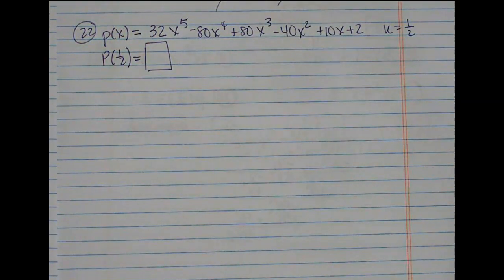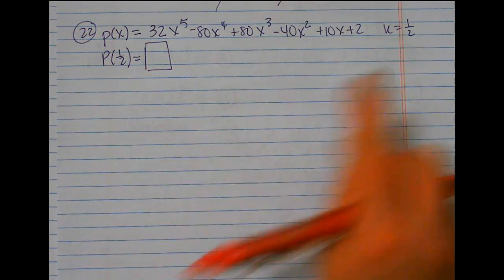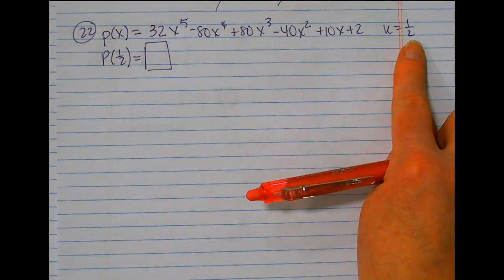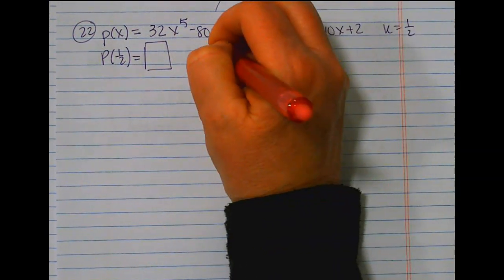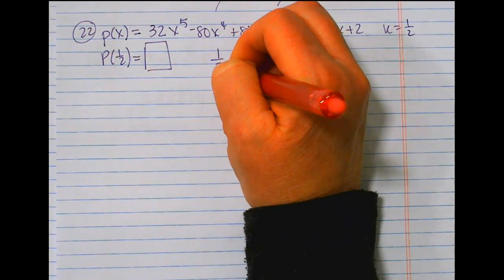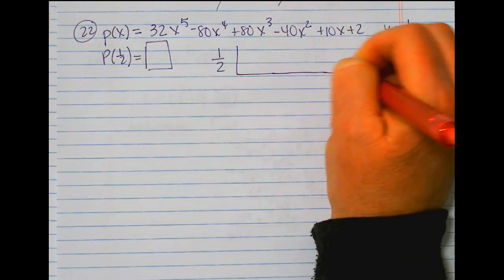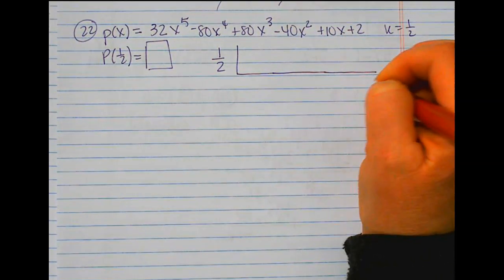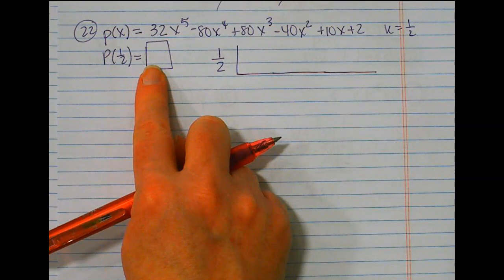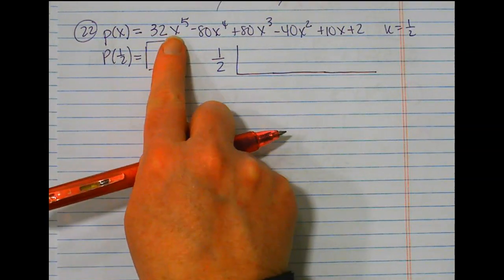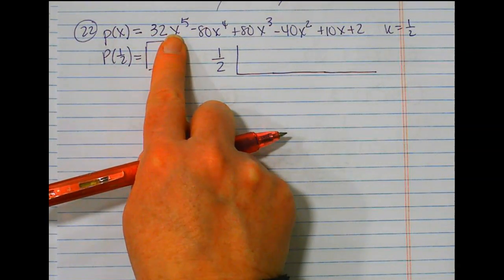But that's really hard. So instead, what's cool about synthetic division is that if you use this, because it's just one number, whatever you get as your last number, the remainder, that's the same value as if you'd plugged it in. Because I don't really want to take 1/2 to the 5th power, because that would be 1 over 32, and that would cancel.